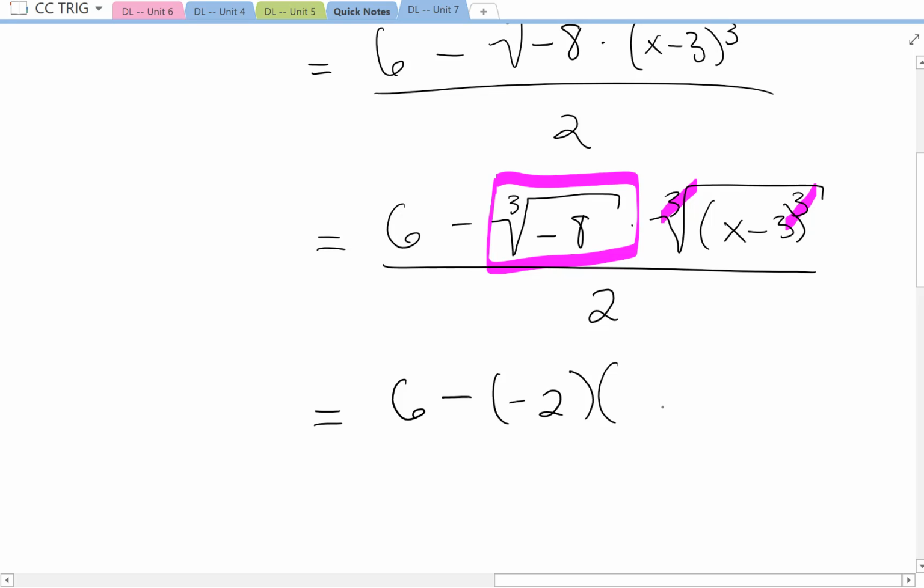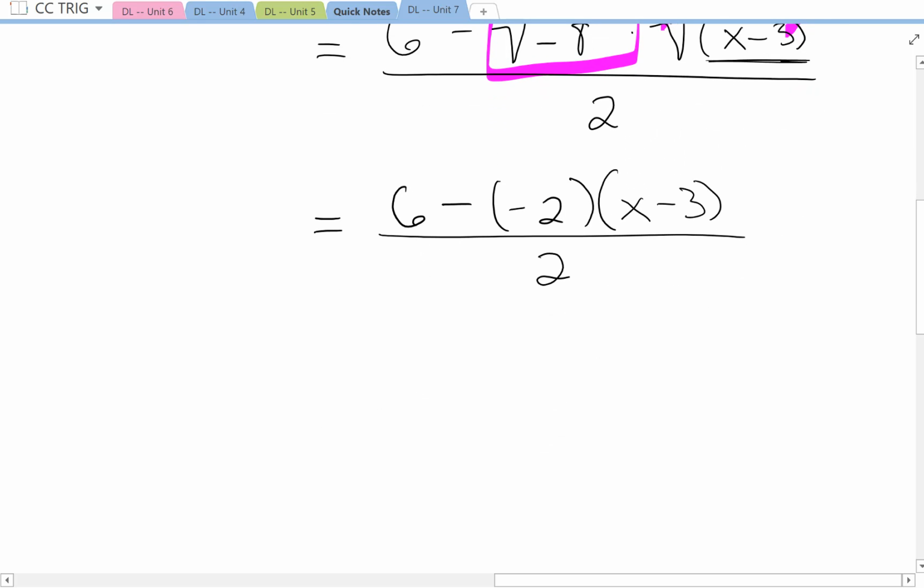That is being multiplied still by this quantity, x minus 3, but it's no longer cubed or cube rooted, all over 2. I would like to combine these negatives, make that a positive. First of all, 6 plus 2 times x minus 3 over 2.